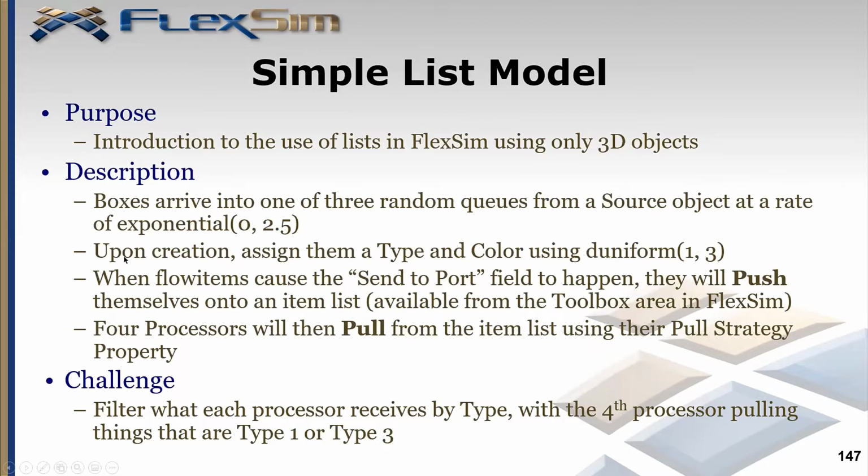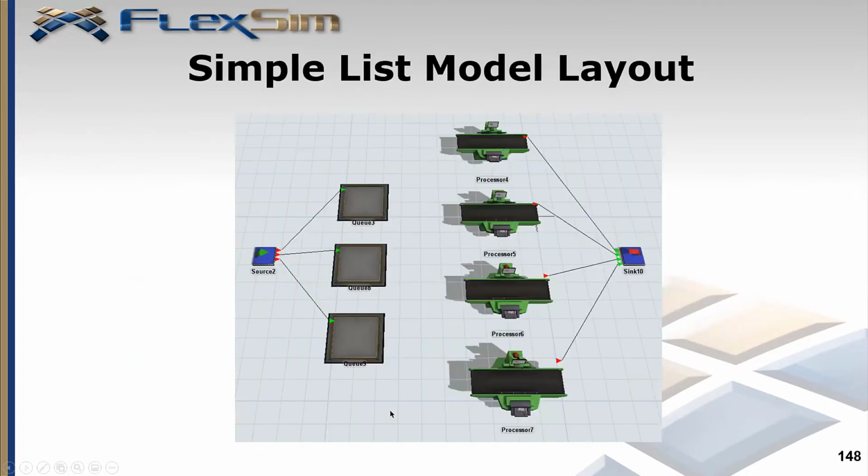Upon creation, when you create those flow items, we want to assign them a type label and a color using duniform 1,3. Then we want to push them to a list, let the processors pull them from a list, and then use the query of the processors to pull things so that all type 1s are pulled here, type 2s here, type 3s here, and then your fourth processor, type 1 or type 3, can be pulled.